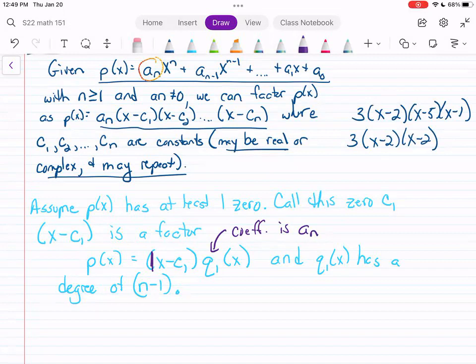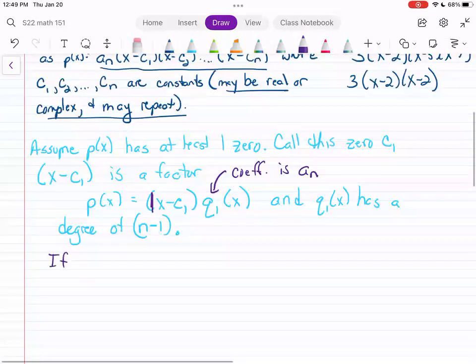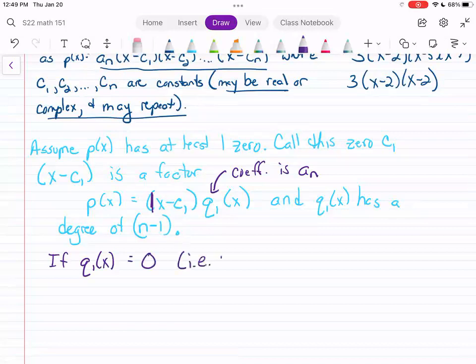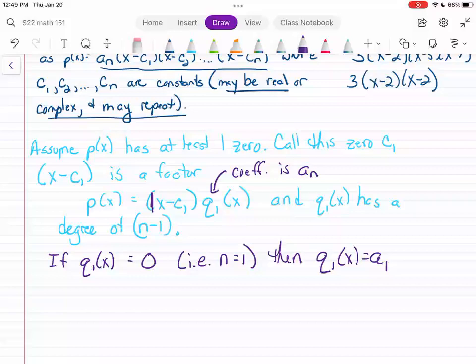Now, if that quotient has degree 0, in other words, that means that the degree of p is 1, then we know that q sub 1 of x is equal to a sub 1. And we know that p of x can then be written as just a sub 1 times x minus c sub 1.